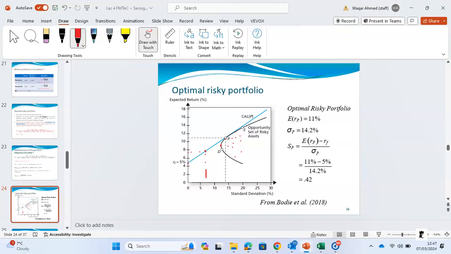From this point, if you start investing in the risky portfolio and start increasing the weight of the risky portfolio, you will keep on going above this line until you reach the point P where all of your investment is in the risky portfolio. How can you go above this line?